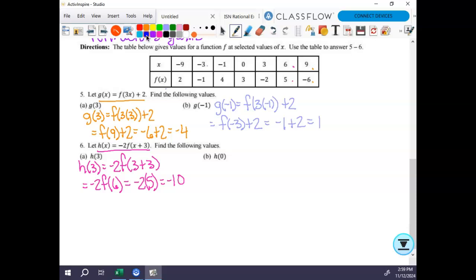Then h of 0 is equal to negative 2 times f of 0 plus 3. That's really just negative 2 times f of 3. F of 3 is negative 2, so it's negative 2 times negative 2, which is a positive 4.